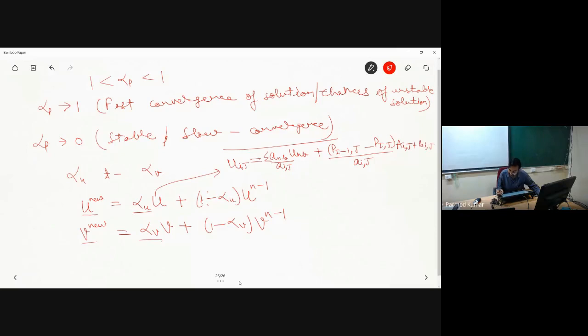Have I written it correctly? Yes, sir. Here b_ij is the source term S-bar into delta V-bar u. So this is the velocity at the iteration level where we want to calculate it.